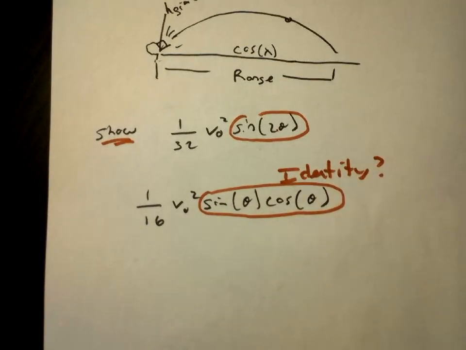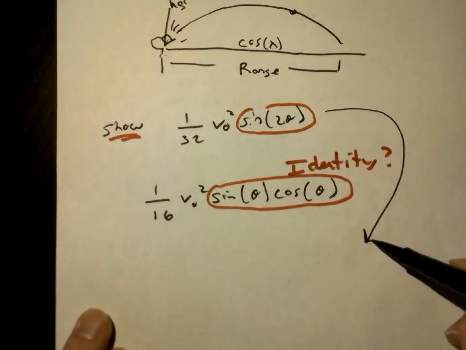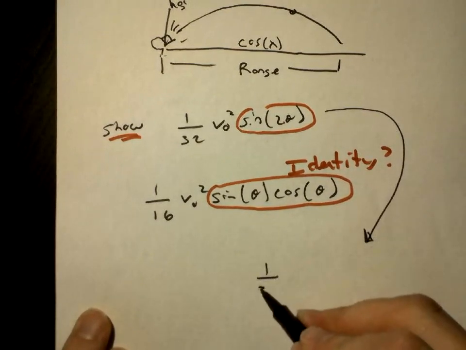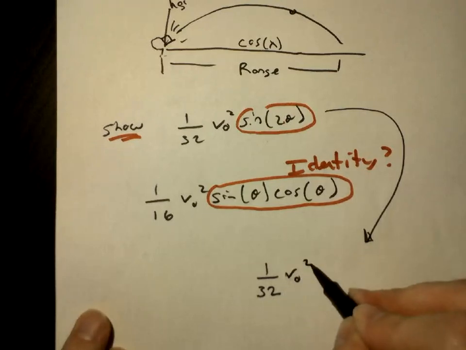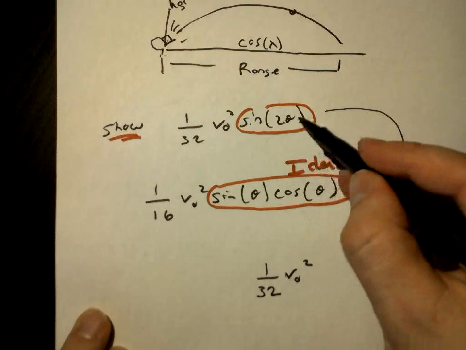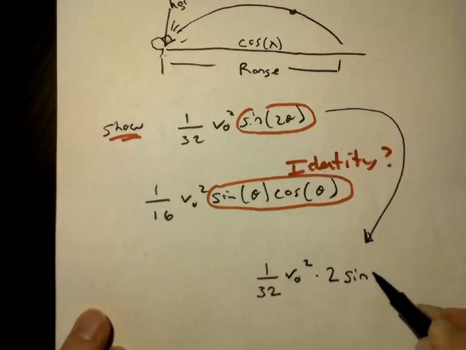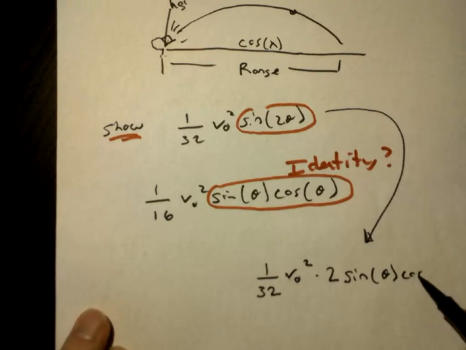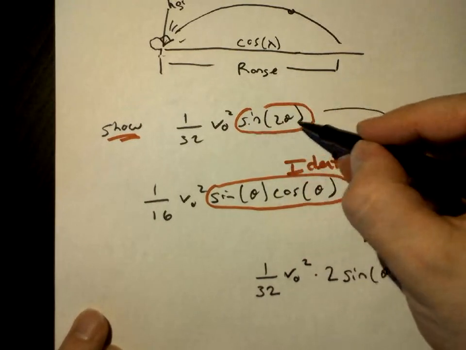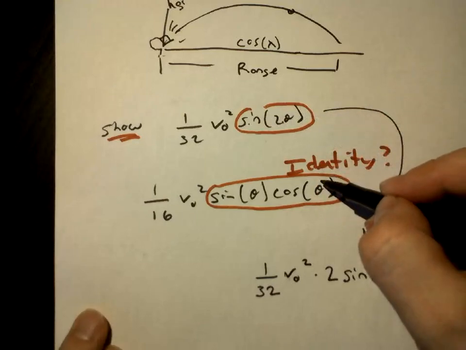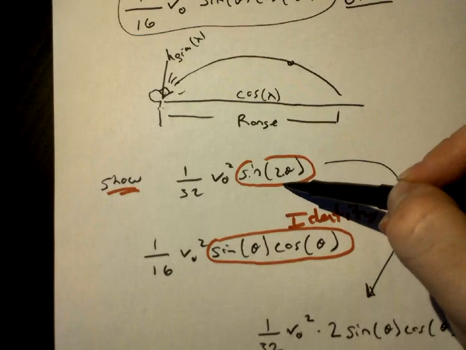So what if I take this one here and go 1 over 32 velocity squared, and I rewrite this one as 2 sine theta cosine theta, because that's an identity. We're given this one, but we're trying to show this one.